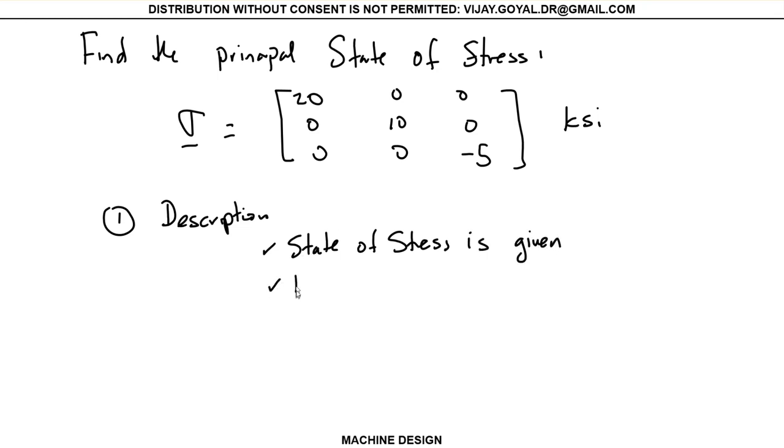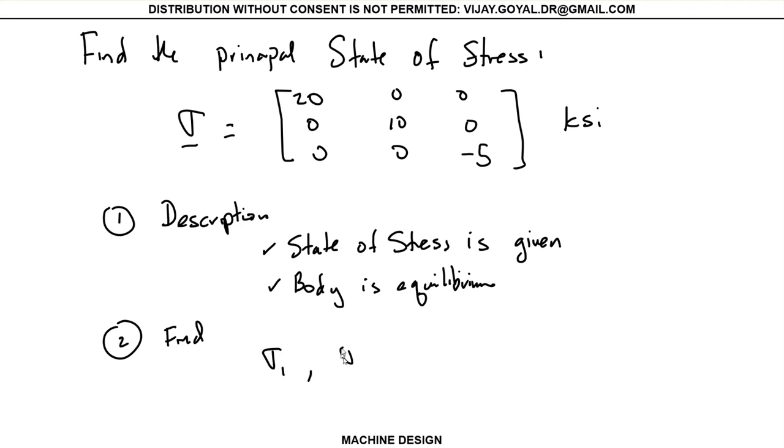And obviously you want to assume that your body is in equilibrium. Number 2, going through your 6-step process, what we really want to do is find sigma 1, sigma 2, and sigma 3.